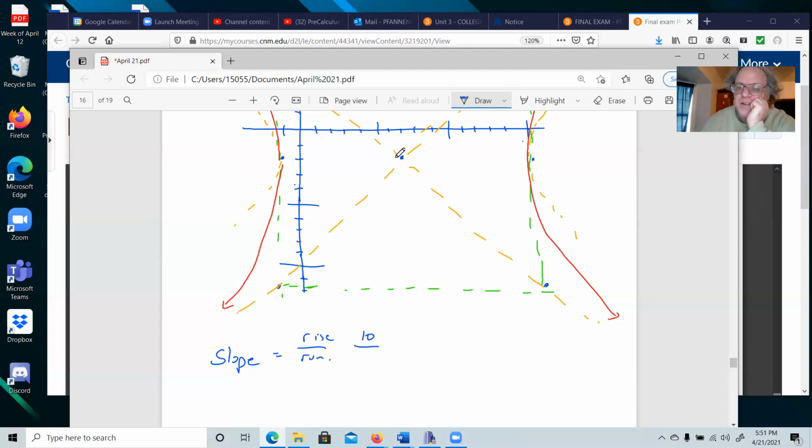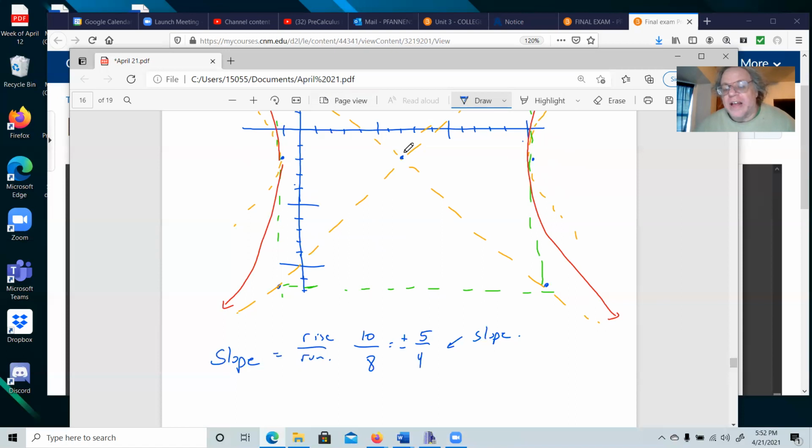What's the run? That's 8. So the rise over the run is 10/8. Let's cast out a 2, so that's going to be 5/4. Plus or minus, because in this direction there's a rise of -10, a fall of 10, and the run is still the same distance. So here's my slope.